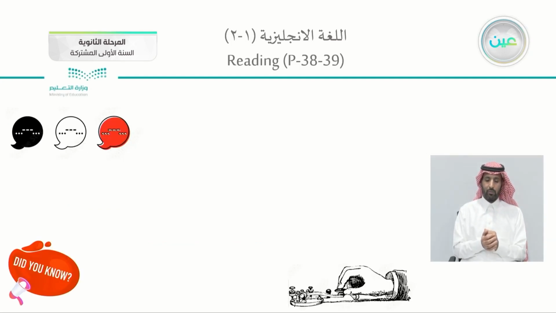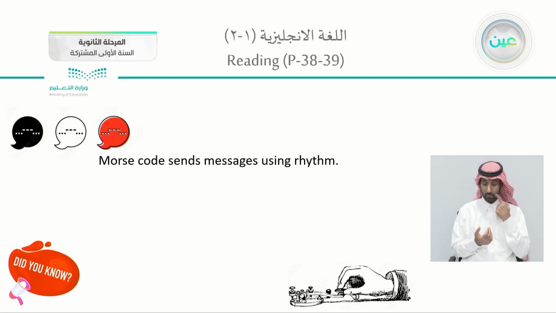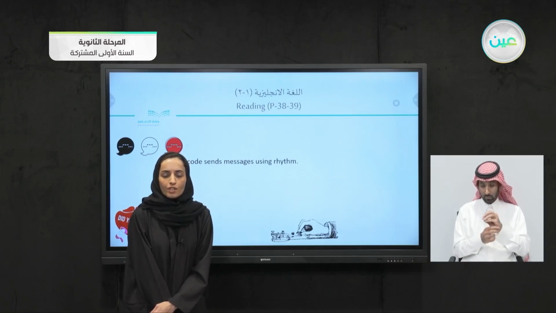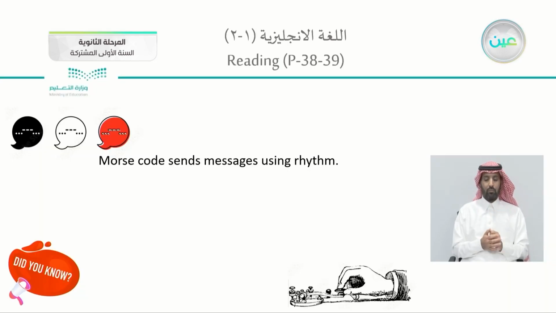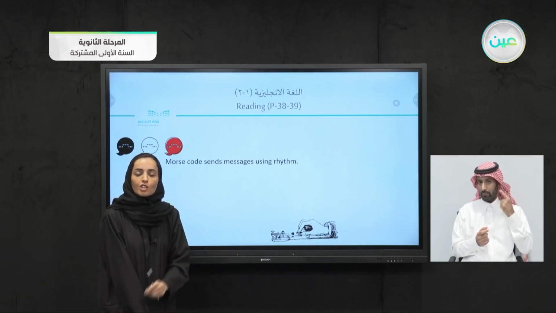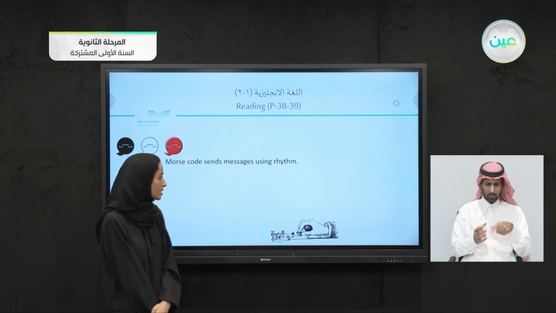Some of the fun facts that we're having in here is the Morse code. What is based on Morse code is actually the telegraph. Morse code sends messages using rhythm. Rhythm means just like the sound. So the basic idea is actually from the old drums.